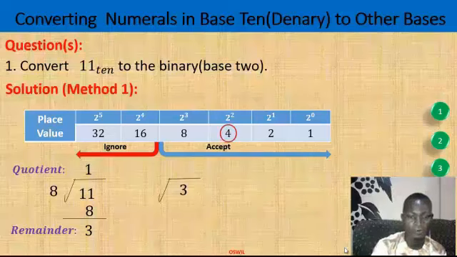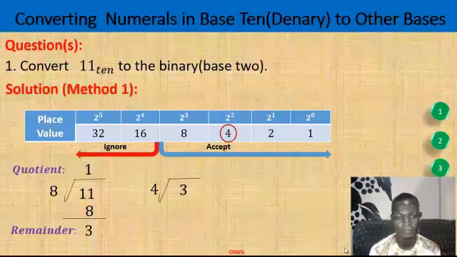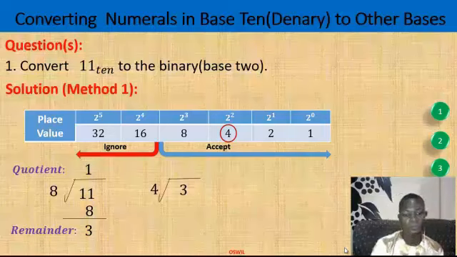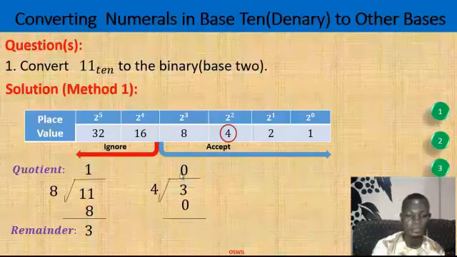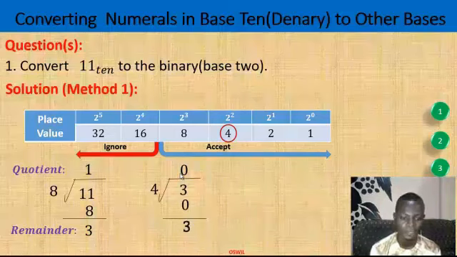Then we bring that 4 in front of the root sign, which means we are going to divide 3 by 4. But we know for sure that 3 cannot be divided by 4. Therefore, we write 0 on top of the root sign. Then we multiply 4 by the 0 to get 0. Our next step is to subtract, and we get 3, as you see on the screen.